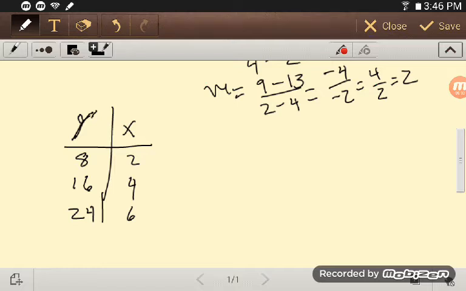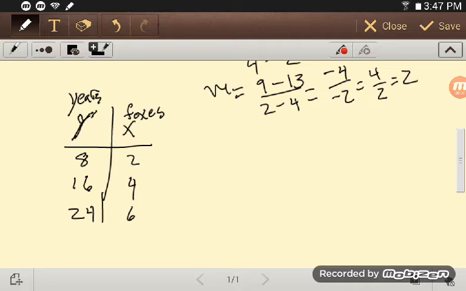But let's just change the names to something like years and something with x in it, foxes. In that case, it might make sense. I don't know what this has to do with foxes, but these are the number of years, 8, 16, 24 years, and then the number of foxes.